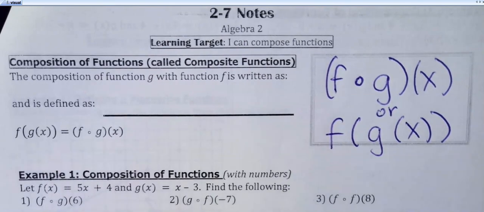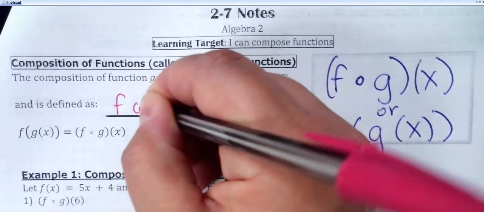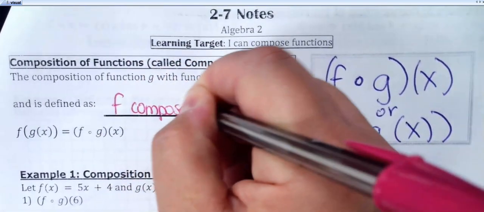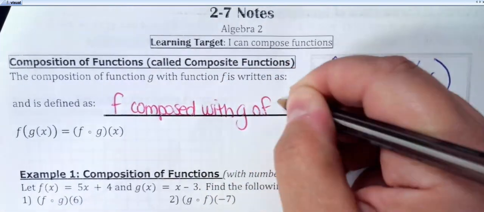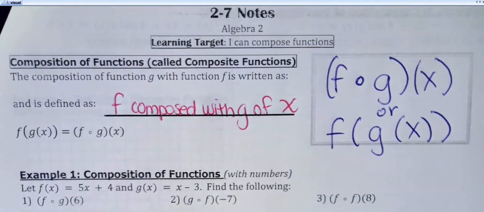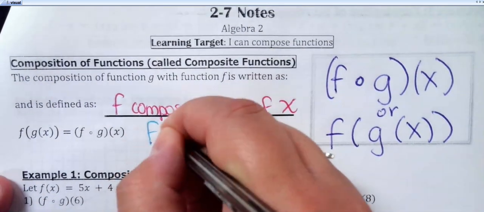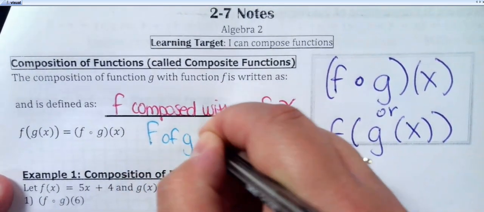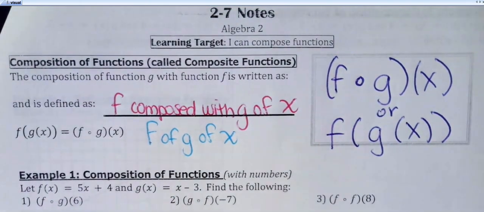This is called composition. So this is F composed with G of X is how you would read that. Or sometimes people will read it as F of G of X. So the little open circle is composition, it's not multiplication.